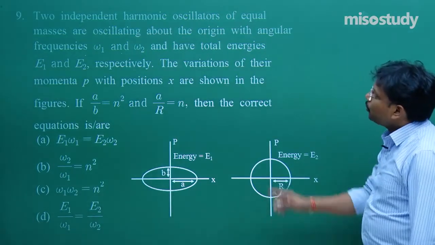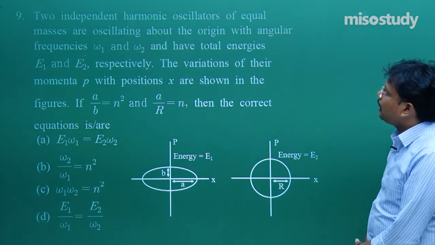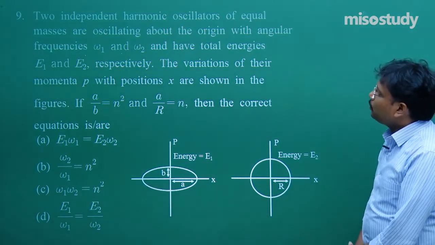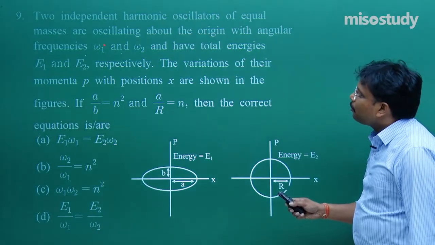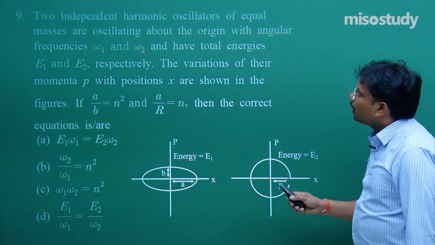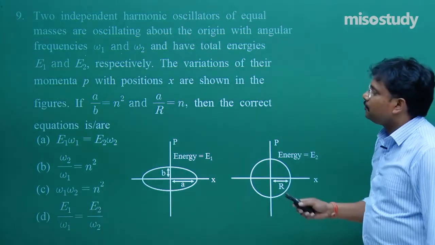Two independent harmonic oscillators of equal masses are oscillating about the origin with angular frequencies omega 1 and omega 2, and have total energies E1 and E2.